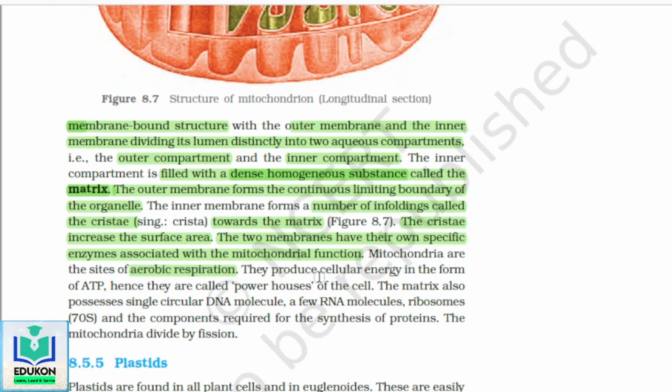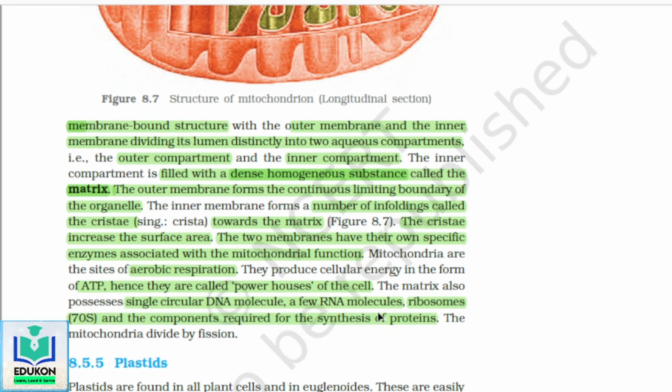They produce cellular energy in the form of ATP, hence they are called powerhouses of the cell. And apart from all this, the matrix also possesses a single circular DNA molecule, a few RNA molecules, ribosomes, and the components required for protein synthesis.